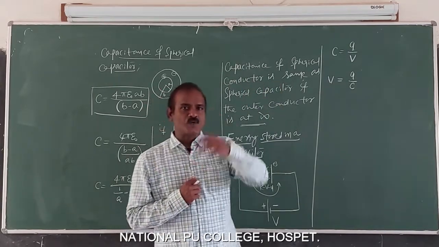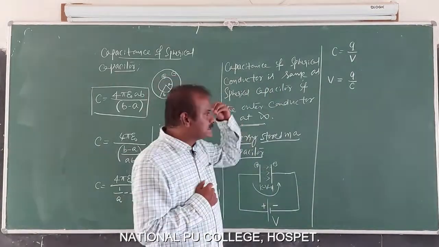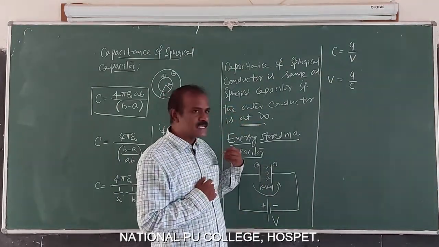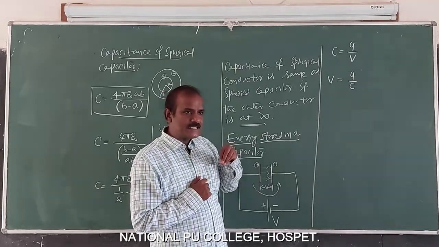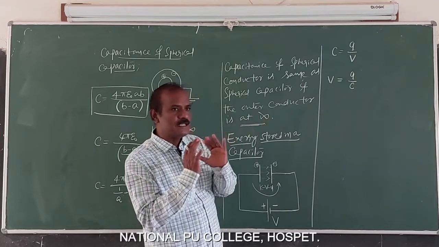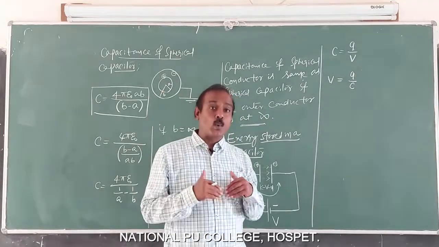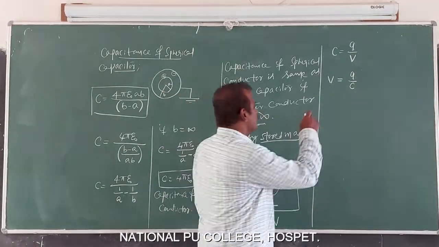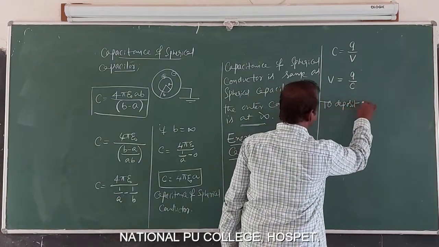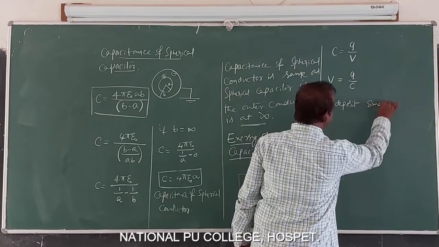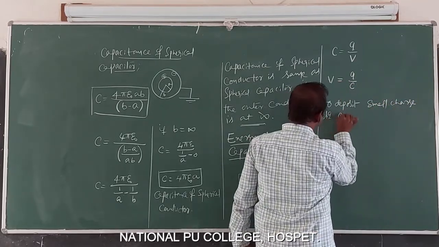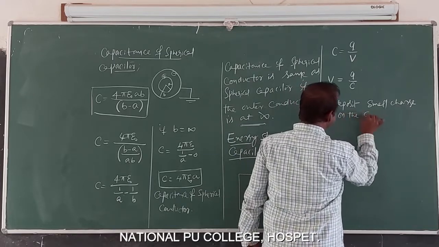Now let us focus: let us add a small amount of charge on the plates of the capacitor. Let us give a small amount of charge on the capacitor in this situation. Then you are required to do work to deposit a small charge dq on the capacitor.